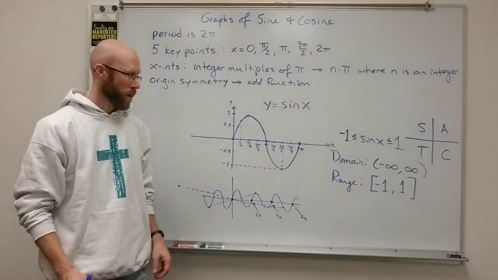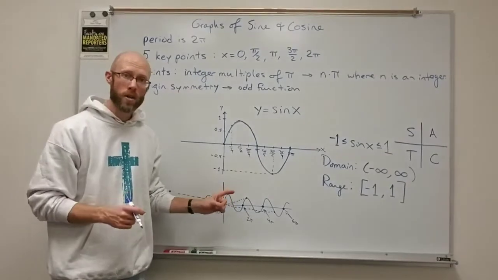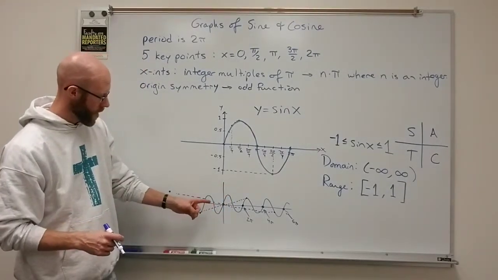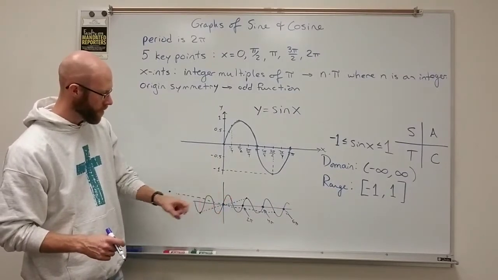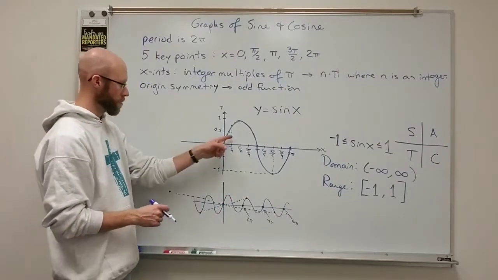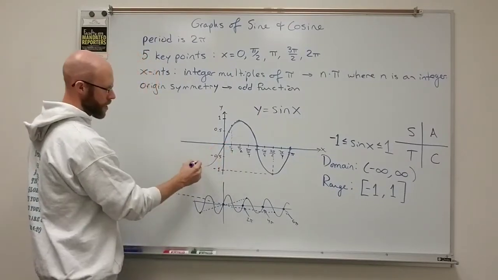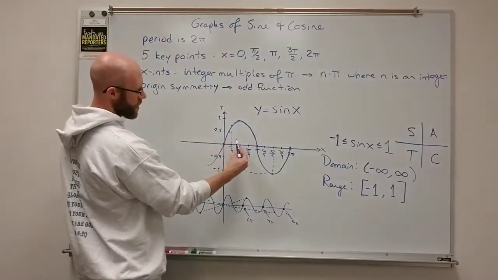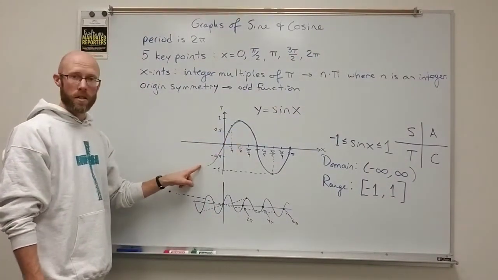Okay? And with all odd functions, or origin symmetry, it is always the case that if you take a function value, think about extending this back left. If I take a function value up here on the upper right, there'll be a mirror image on the lower left.